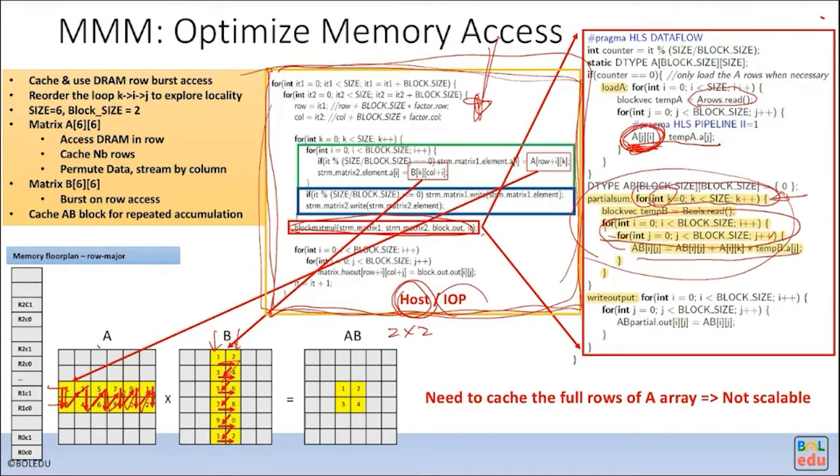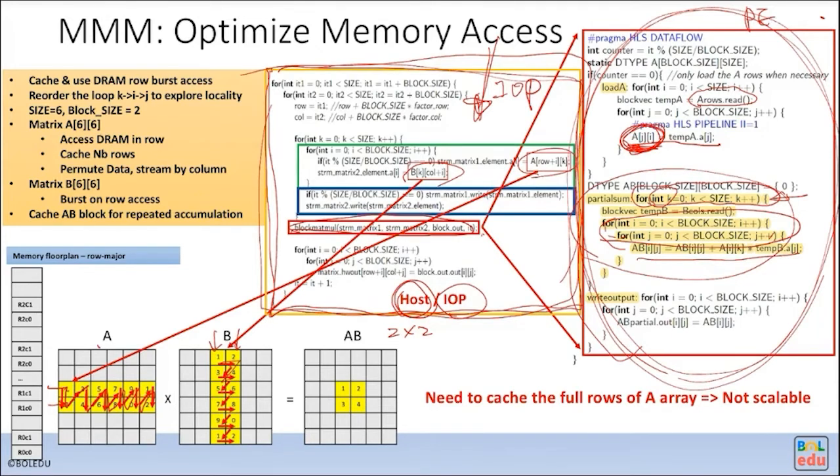So you can do the optimization to do the proper scheduling of data, save it in the local buffers, and then stream into your block level multiplication kernel function here. You can think of that as the PE, and this becomes the IOP.